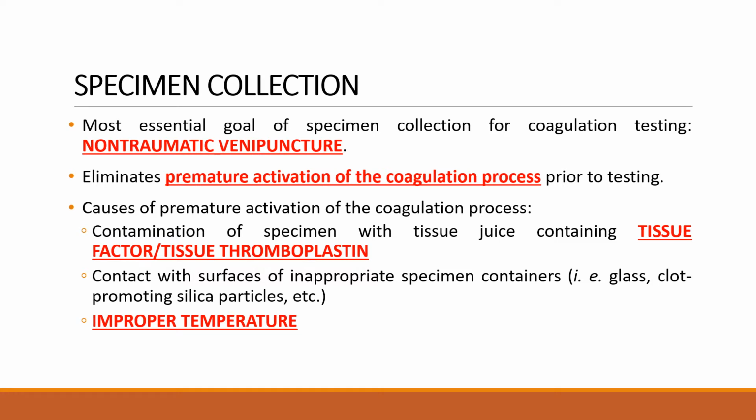Next, we have improper temperature, because there are some factors in the coagulation cascades that may be inhibited or accelerated if the sample is exposed to improper temperatures. And lastly, hemolysis. A hemolyzed specimen is an inappropriate specimen for coagulation testing.